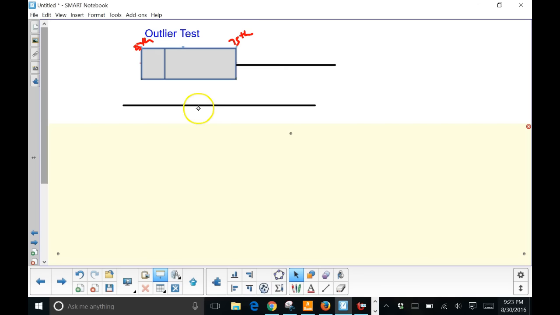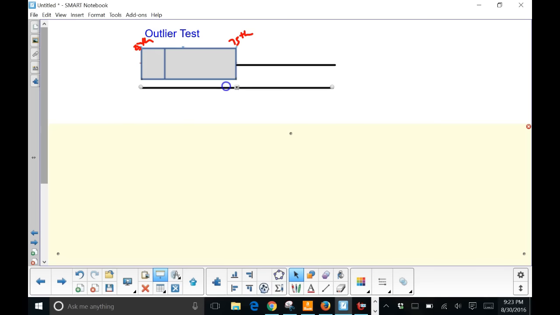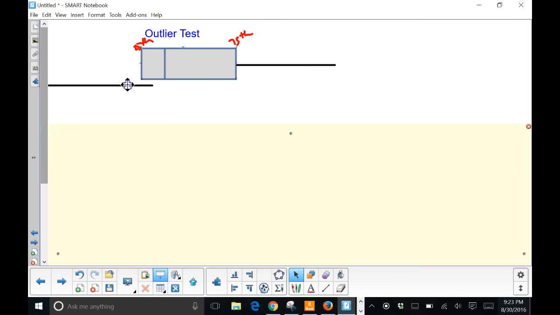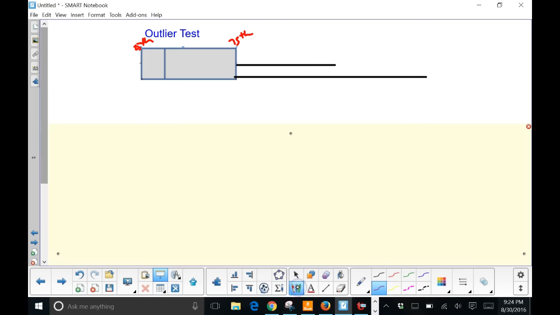So then someone had the bright idea, let's do the same thing with the box, but let's go out 2 IQRs. And again, they put that from the lower end of the box, and then from the upper end of the box. And they said, well, gee, if I put a little fence at this upper end, would that be too far?